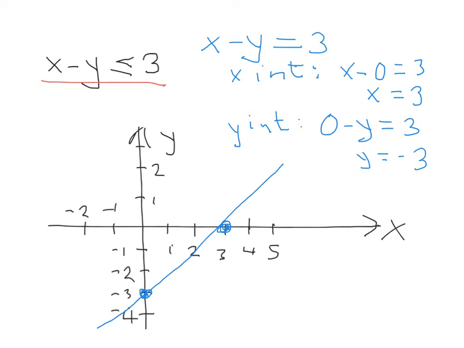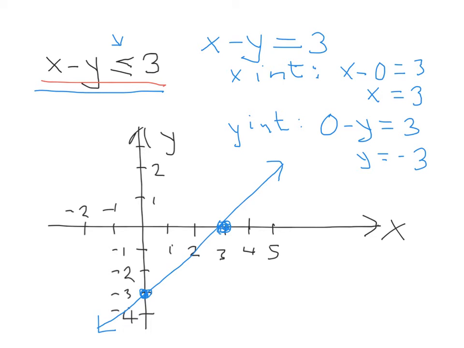looks like this. From here, we go back to the inequality, and here's where we take into account the inequality sign. What this means is that only one side of this line contains all the points that we want.